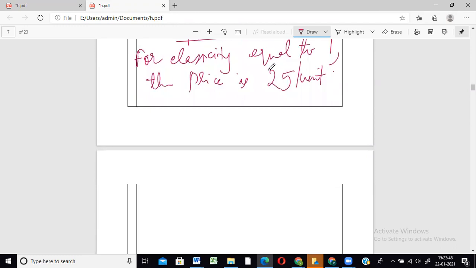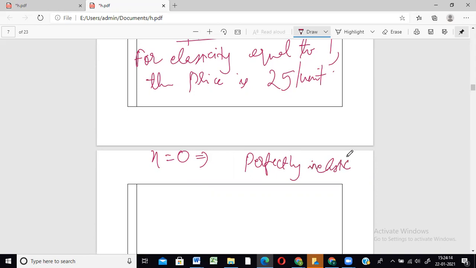Okay, so as I told you a few minutes back, I'll just tell you what the other ways are. Whenever the elasticity of demand takes a value, what can you call it? Suppose elasticity of demand is equal to 0. This is called demand is perfectly inelastic.